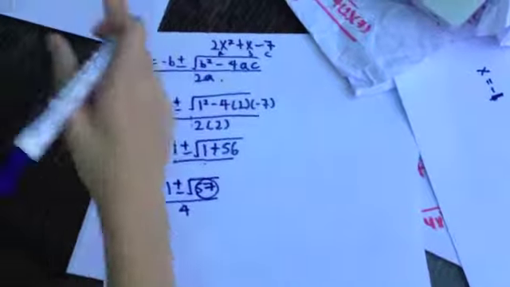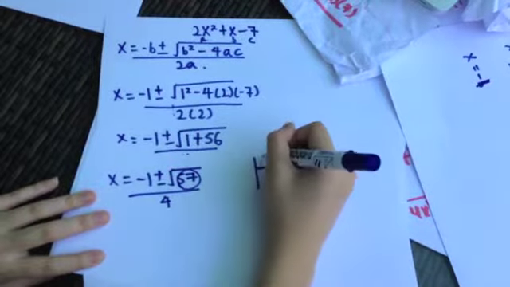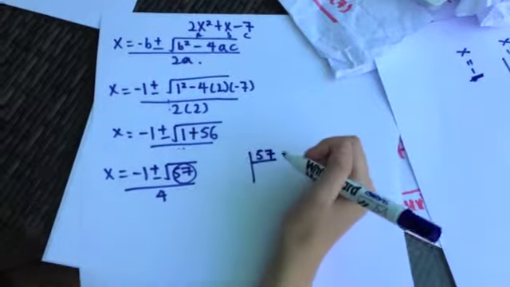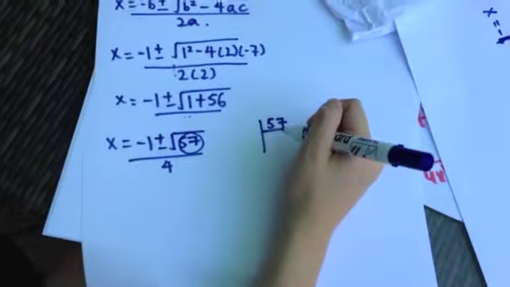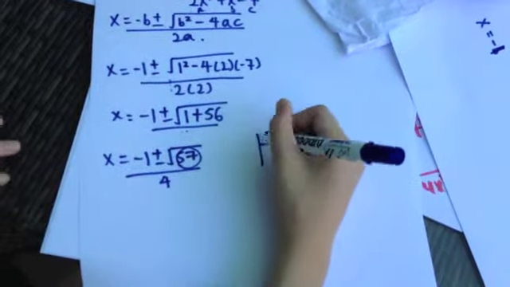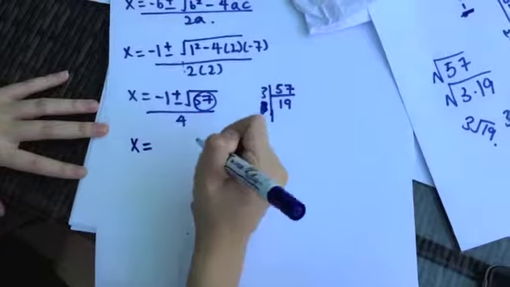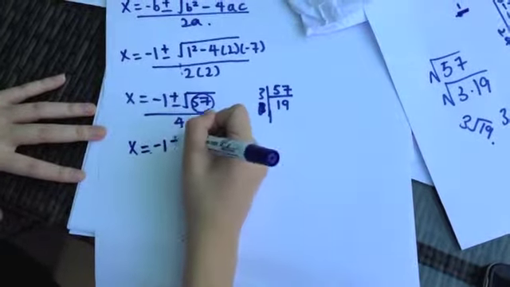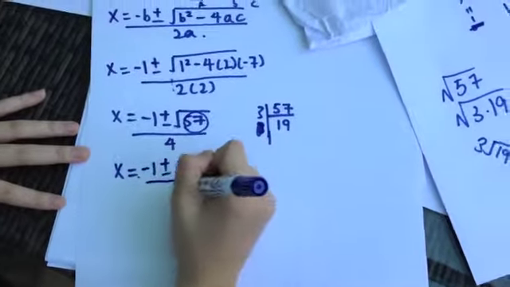The method I normally use, without a calculator, is to use the smallest number that divides 57. So 57 divided by 3 is 19. So the answer should be negative 1 plus or minus 3 square root 19 over 4.